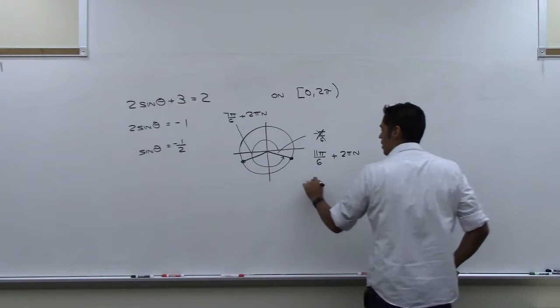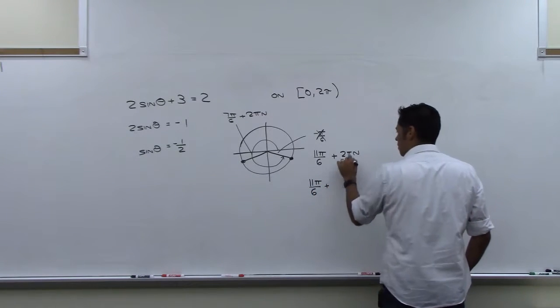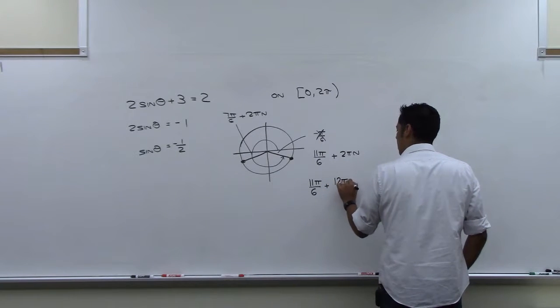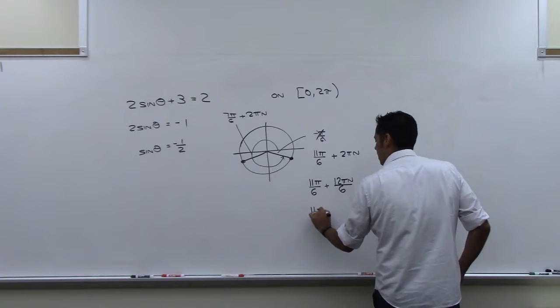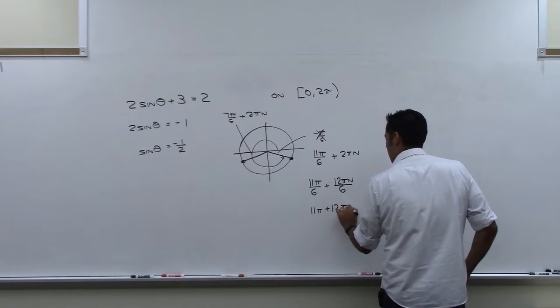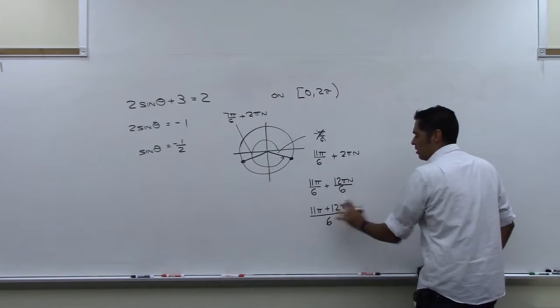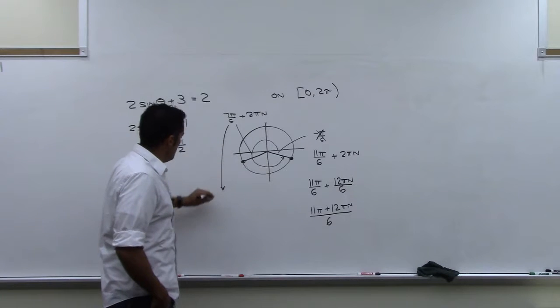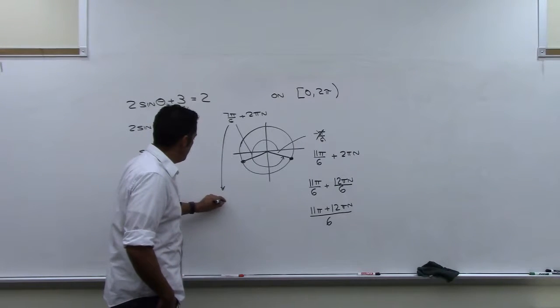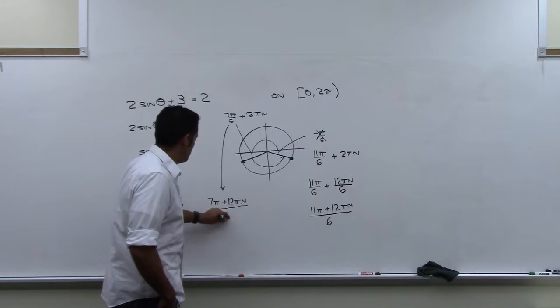Then I could get a common denominator here, 11 pi/6 plus, this would be 12 pi n over 6. Put them together, 11 pi plus 12 pi n over 6. That would be my general solution. And then over here, get a common denominator. If we do that, we would have 7 pi plus 12 pi n over 6.